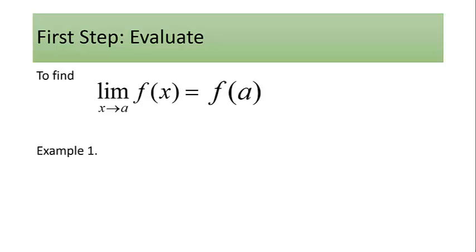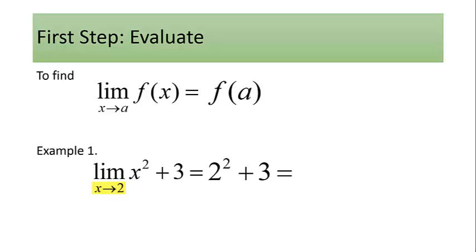For example, suppose we want the limit of the function x squared plus 3 as x approaches 2. We evaluate by plugging in x equals 2 to get 2 squared plus 3, or 7. Therefore, our limit equals 7. Similarly, here we want the limit of the function 3x minus 3 divided by x plus 4 as x approaches 1.